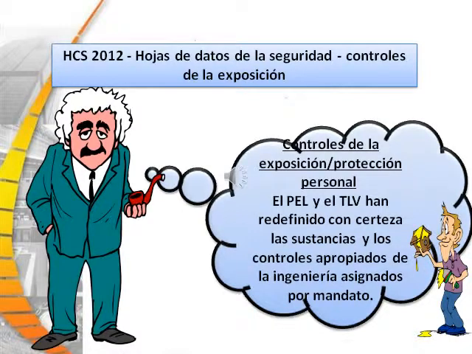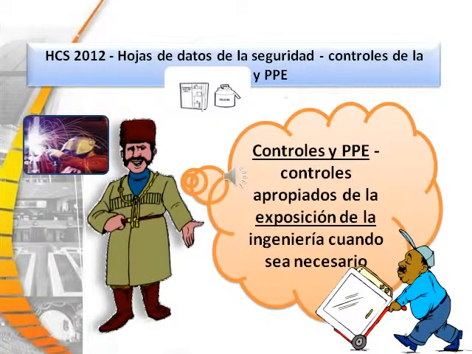Exposure controls and personal protection. The PEL, or Permissible Exposure Limit, or TLV, threshold limit value have been redefined for certain substances, and appropriate engineering controls have been mandated. In some situations, we will find that exposure controls and personal protective equipment have been mandated, along with appropriate engineering controls whenever necessary.